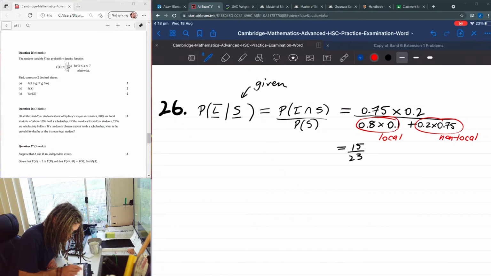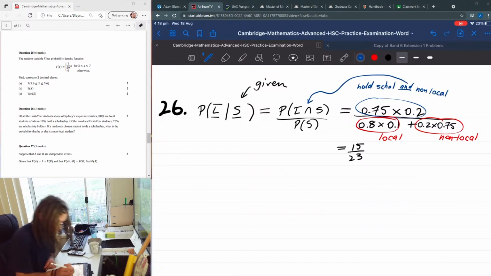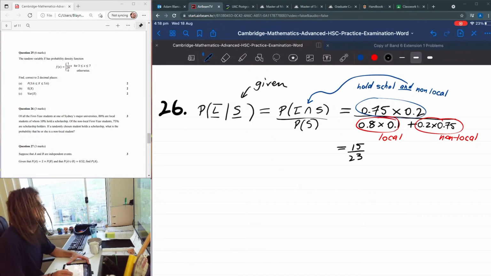These are they hold scholarship and are non-local. So the and is this, union. Okay, I don't feel like I can explain that any better. Well, I bet someone else could.